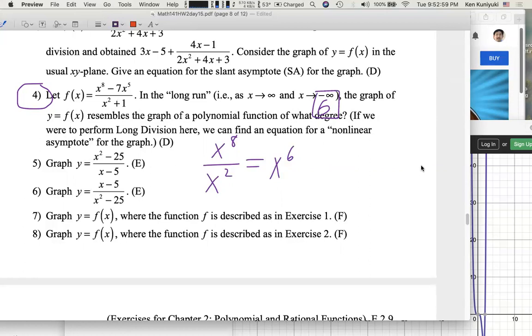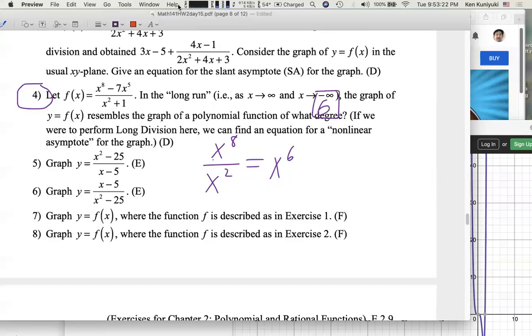Before I go back to the other chapter 3 problems in chat, anything else? Anything else? I will go to 334.